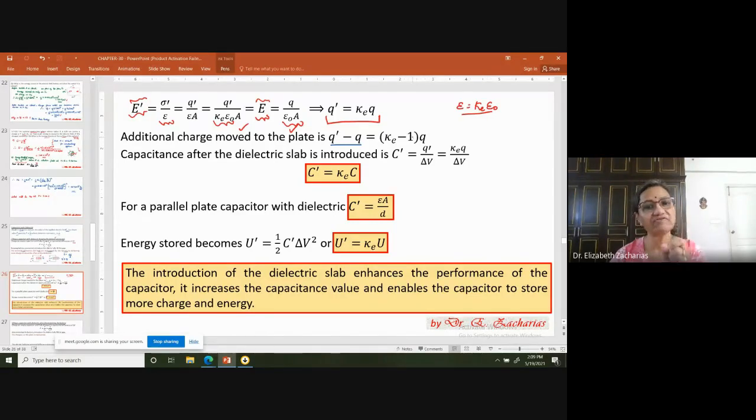Now let us see what is the effect of this dielectric slab on the capacitance. Let the new capacitance value be C prime.